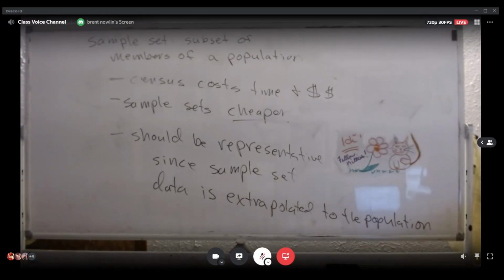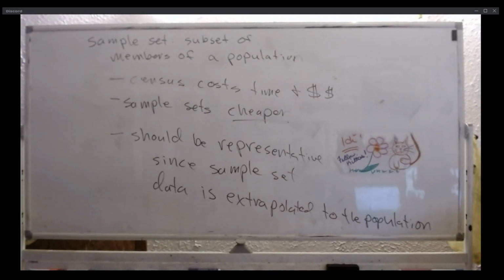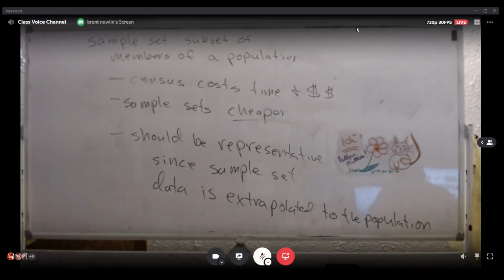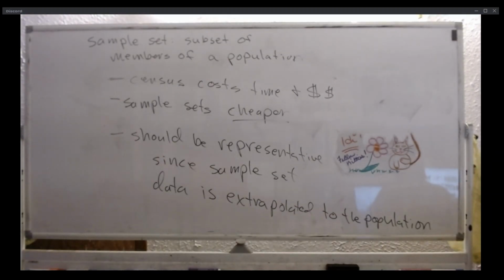And one of the huge issues in Florida was Palm Beach County. I think it was Palm Beach County. Pretty sure that's true. Palm Beach County was more Democratic than Republican.